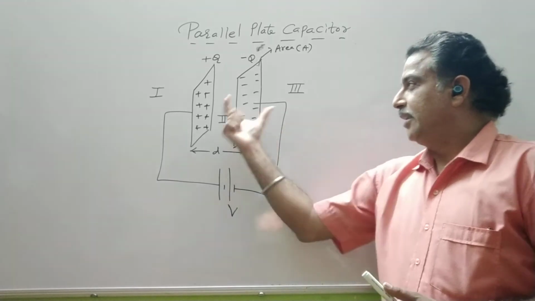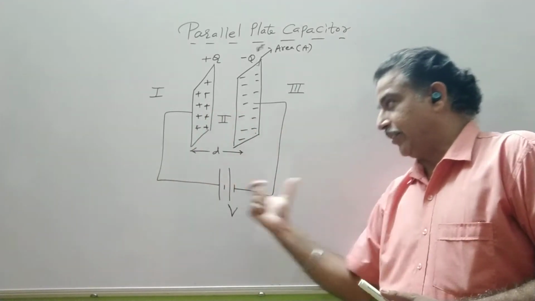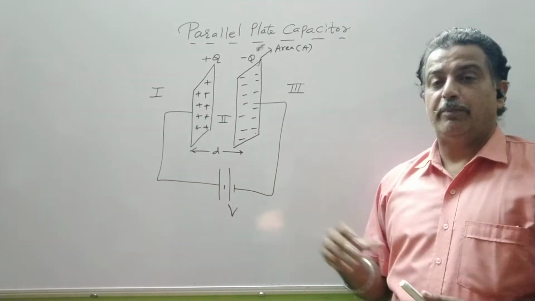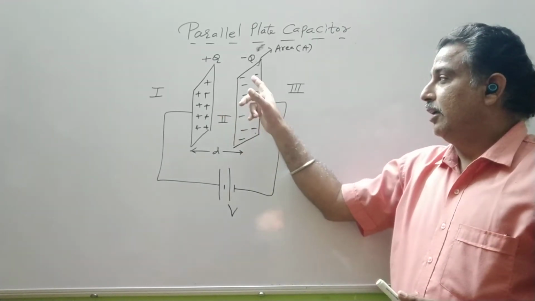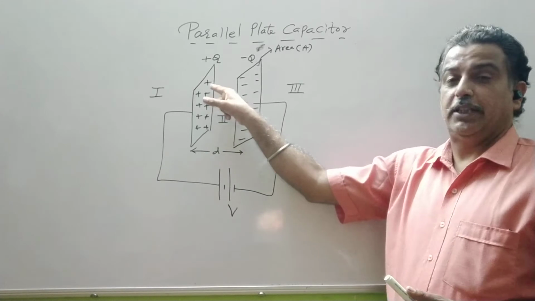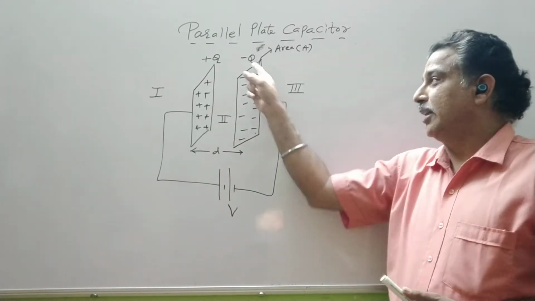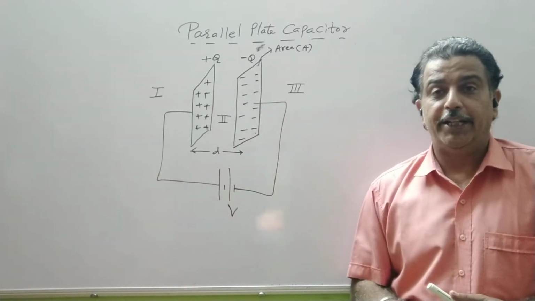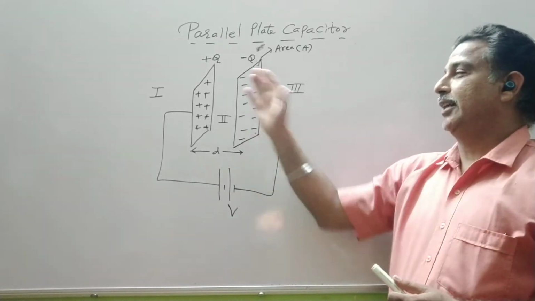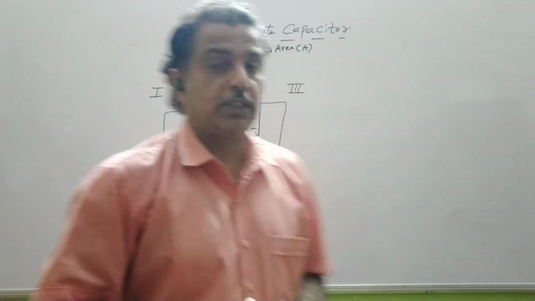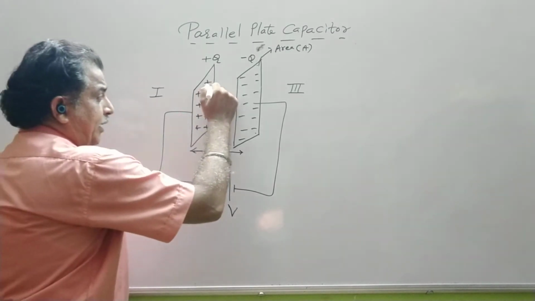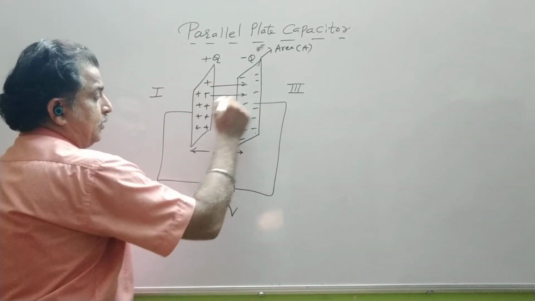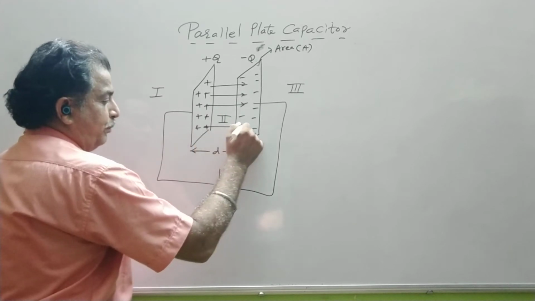Now, when these two plates are connected with the battery, one plate becomes positively charged and the other becomes negatively charged because of the positive charges that we have discussed. So these charges are called induced charges. This negative charge was the induced charge. Now, the electric field established is also uniform.